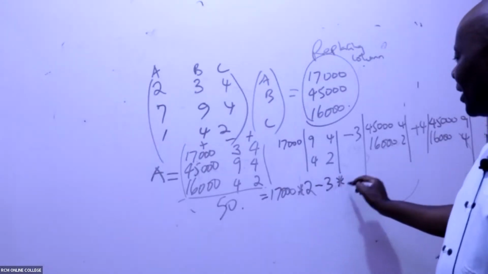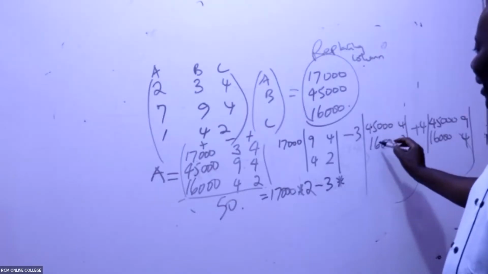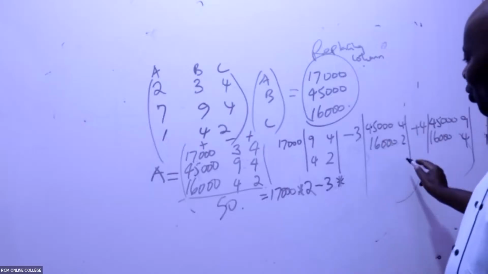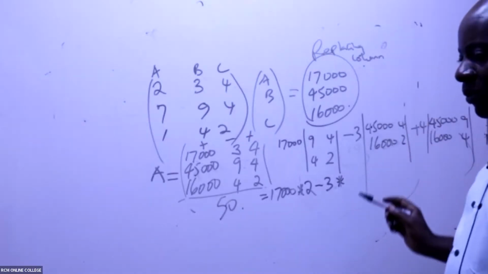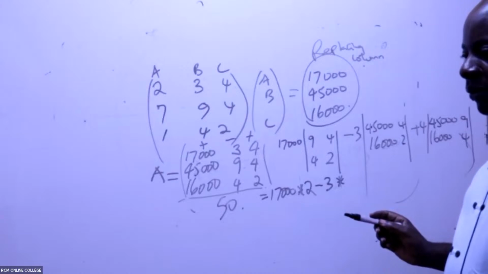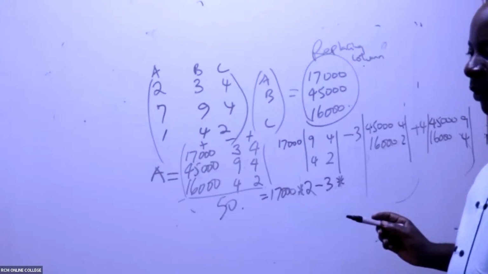How about this determinant? So this will be 45,000 times 2 minus 16,000 times 4. I hope there is somebody who is following this as I come to repeat later.